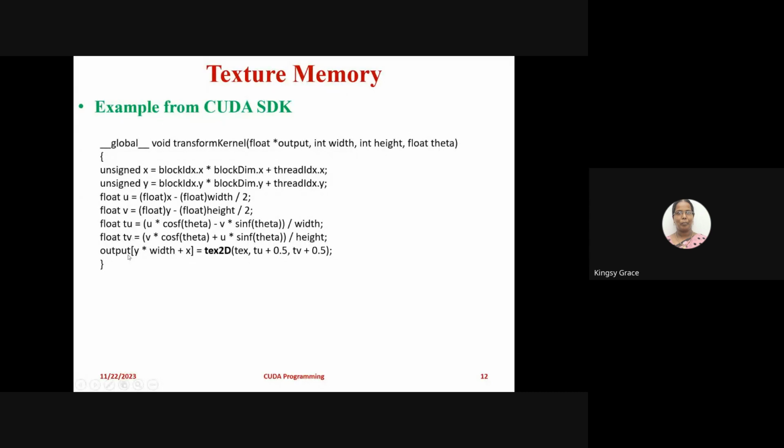After that, you are having one output array, where you are converting everything into 2D, and then it is stored there. From the main program, we can access those data with the help of cuArray. This is an example for your texture memory.